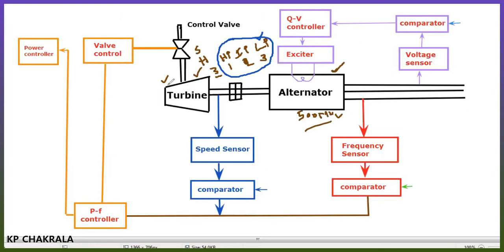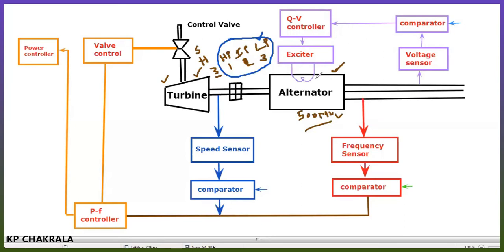Suppose we are using an alternator of 500 megawatt, and this turbine system consisting of high pressure, intermediate and low pressure turbines is coupled together and connected to the alternator through the rotating mass. Here the number of stages of the turbine is decided by the rating of the alternator. That's what I want to say.